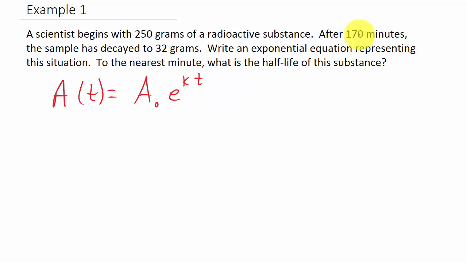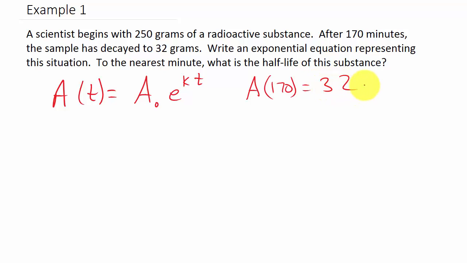So if we take the 170, plug it in for t, and evaluate this, we should end up with 32. So basically that's saying that A of 170 is equal to 32.